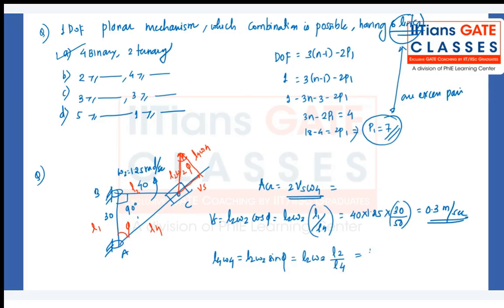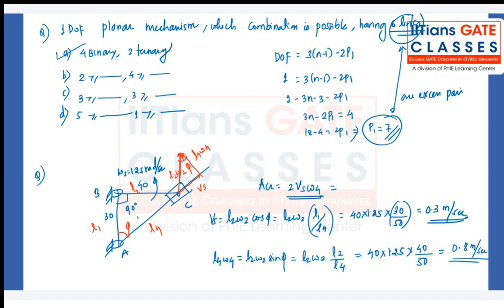So L2 is 40, omega 2 is 1.25, again 40 divided by 50. If you solve this, you will get 0.8 meters per second. Okay, you'll get 0.8 meters per second.